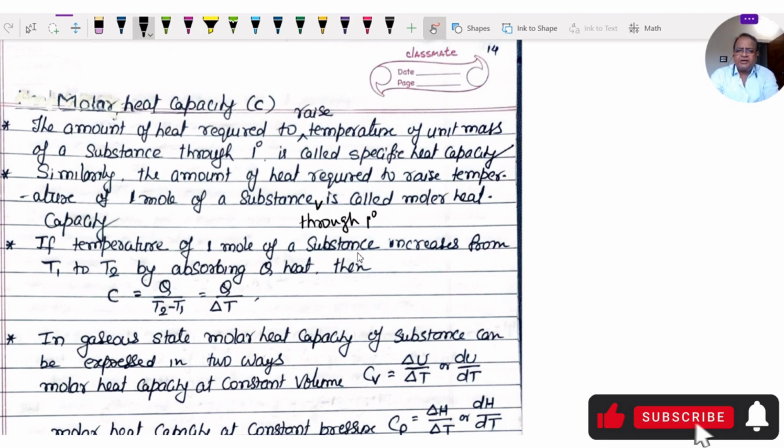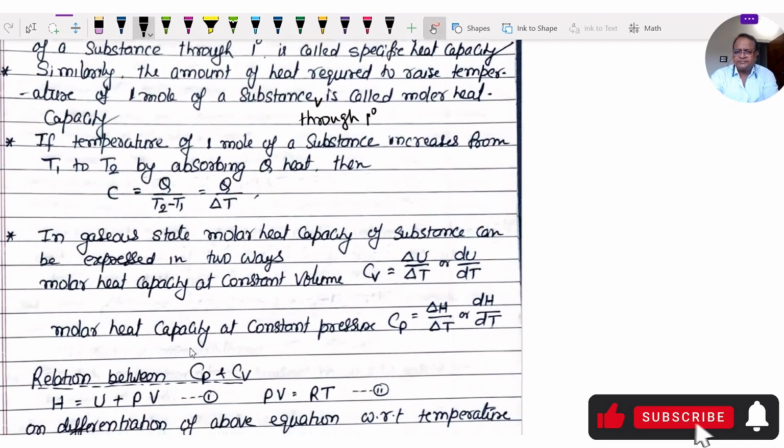If the temperature of 1 mole of a substance increases from T1 to T2 by absorbing Q heat, then C equal to Q by T2 minus T1, or delta T.